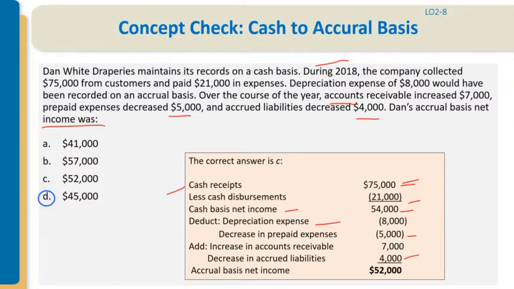When accounts receivable increases, it means that we have some revenues but we did not receive the cash. That is why we have added. And a decrease in accrued liabilities means that we have received some services, but we did not pay in cash.